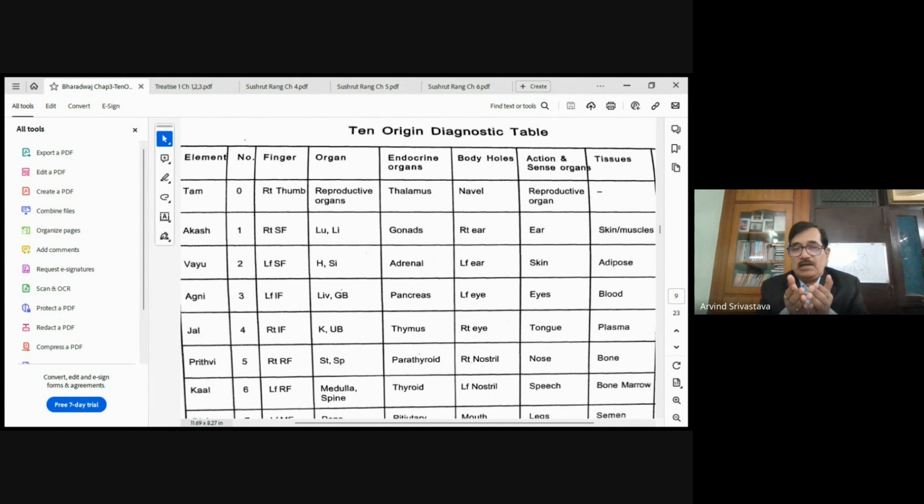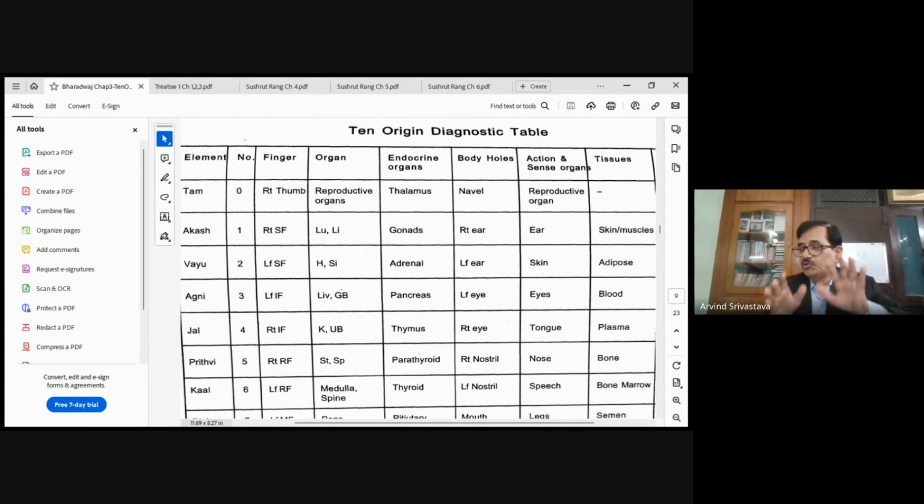Then Agni, fire is there. Then Jal, water is there. Then earth is there. Then Kal, the time is there. Then direction, Disha is there. The mind is there. And the soul, Atma, is there. And the last one, which is the 10th one, is Tam. Tam means the darkness point, out of which creation is there.